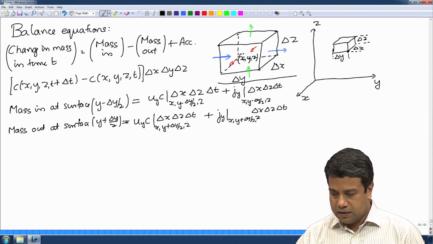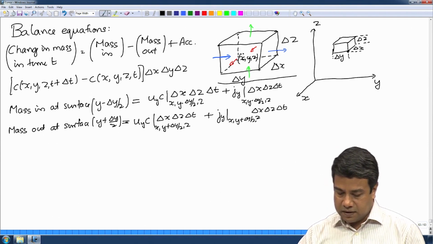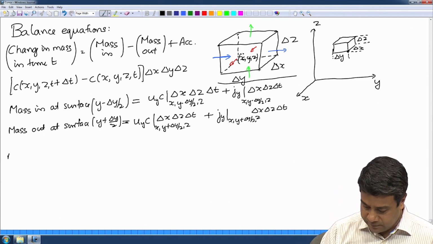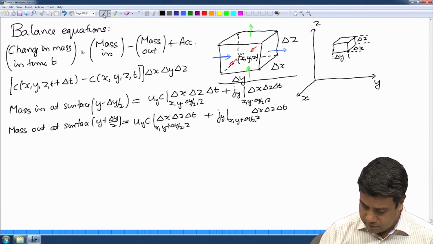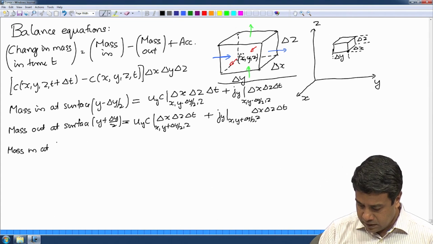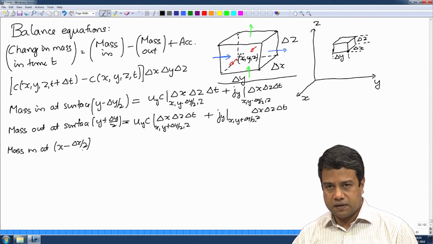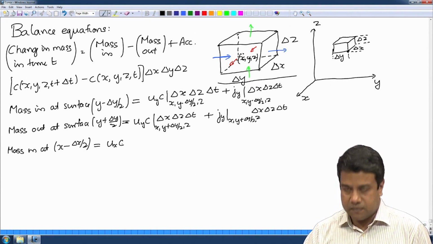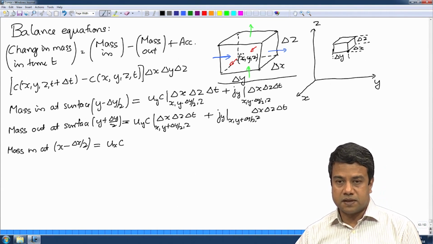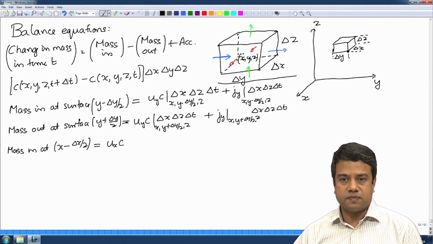So, that is at the surfaces on the left and the right. You can do the same thing for the surfaces at the front and the rear. The surface at the rear is the surface at x minus delta x by 2. For that, the convective mass flux will be equal to ux times c, because this is the velocity ux that is perpendicular to the surface. The surface at the rear is in the yz plane. Therefore, the x direction is perpendicular to that surface.